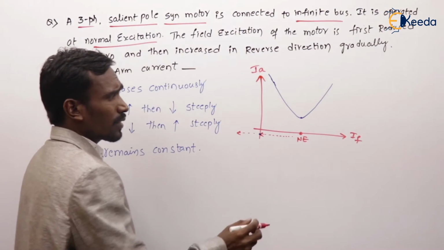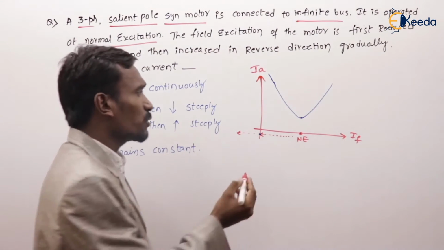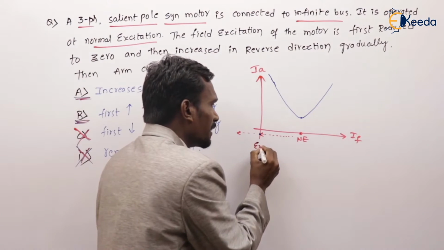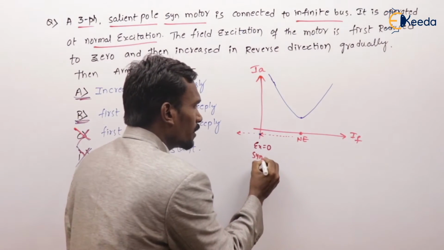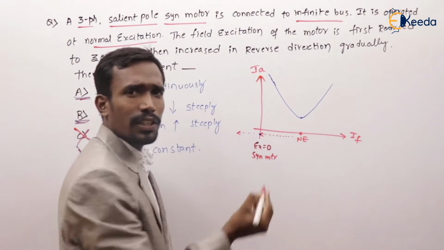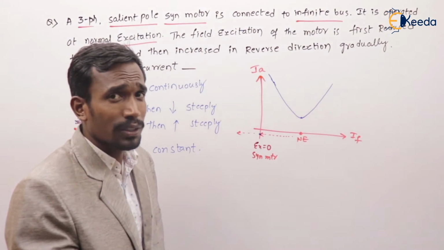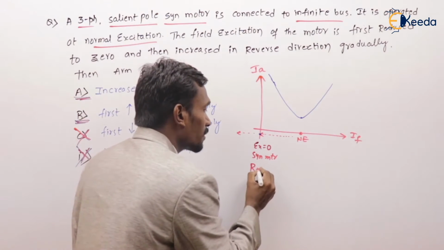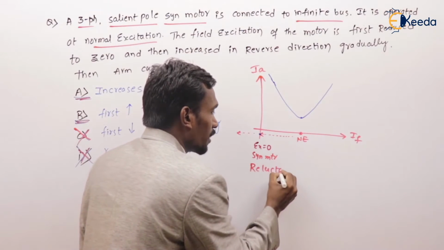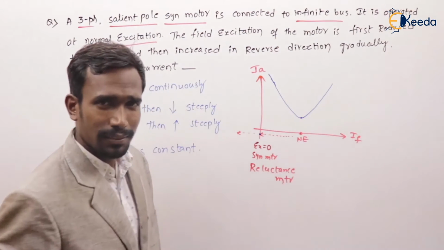Next, if the field current is increased in reverse direction, when excitation is 0, the synchronous motor acts as a reluctance motor.